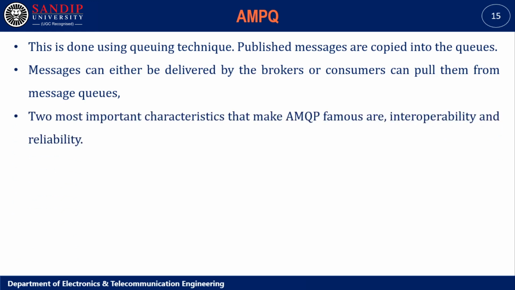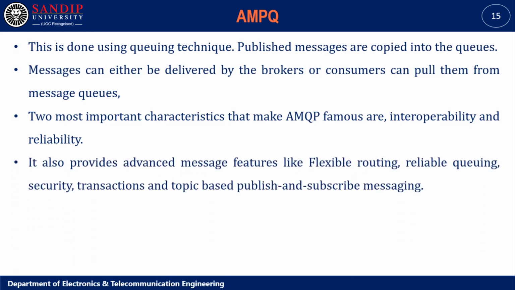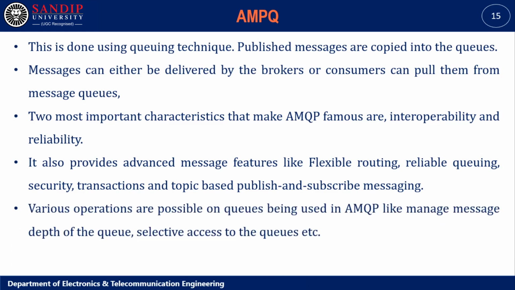The two most important characteristics that make AMQP famous are interoperability and reliability. It also provides advanced message features like flexible routing, reliable queuing, security, transactions and topic-based publish and subscribe messaging.